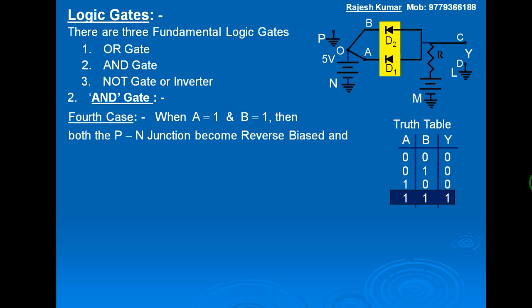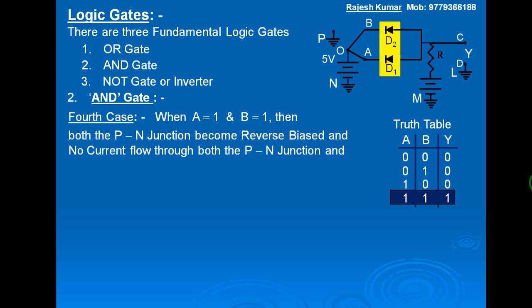Both the junctions D1 and D2 are reverse biased and no current flows through both the PN junctions, as the N-type of the PN junction is connected to high voltage 5 volt and the P-type is also connected to 5 volt.